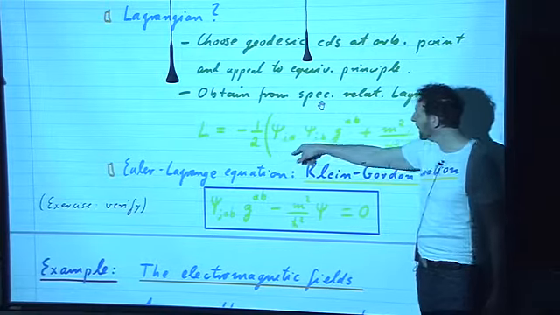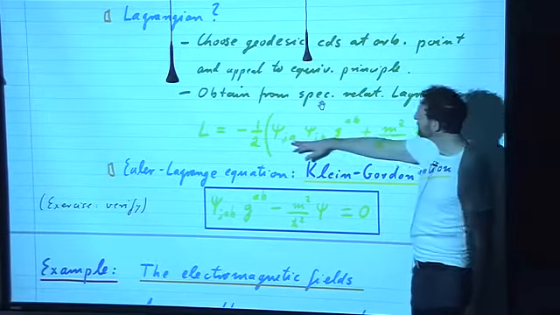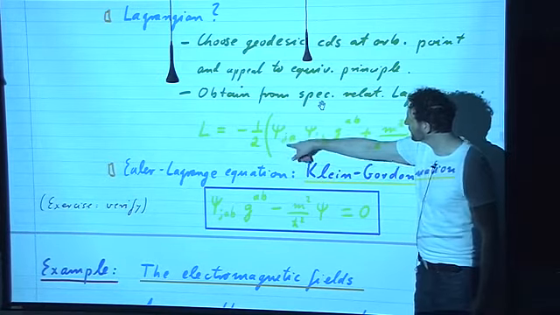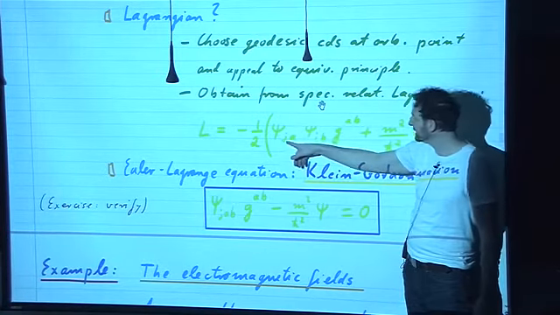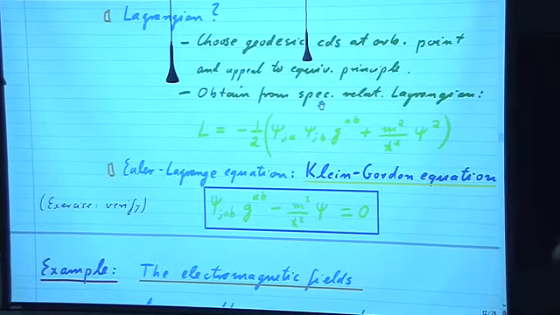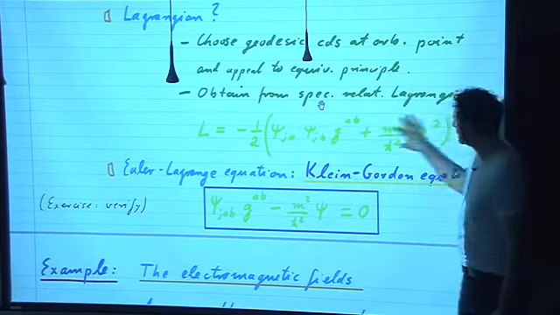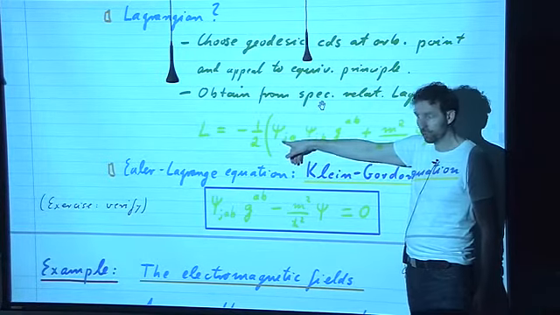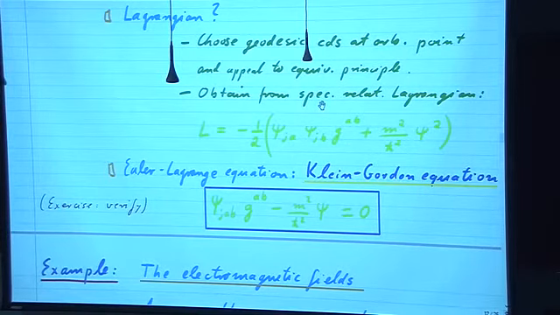You know, it's just d mu psi, d nu psi, g mu nu. But at the origin of a Riemann normal coordinate system, if they are true with commas, it's also true with semicolons, because the difference is a gamma, and the gamma is vanishing at the origin of a Riemann normal coordinate system. So at the origin of a Riemann normal coordinate system, that Lagrangian is the correct Lagrangian with or without semicolon. If we put it with a semicolon, now it's a covariant equation, and that generalizes to curved space-time.